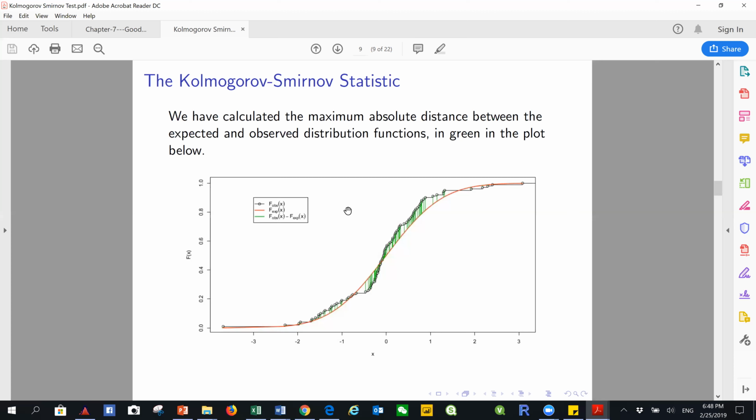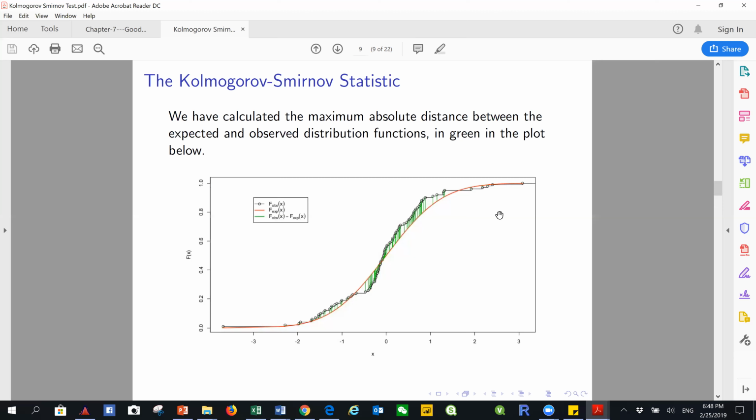Intuitively, you can tell that they are not deviating too much. Otherwise, it would go like here, and they could fluctuate more. So these two distributions, in terms of their cumulative probability, I'm not showing you their PDF function.